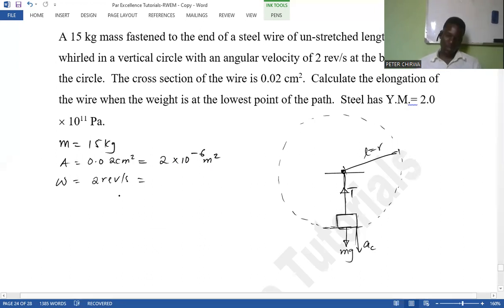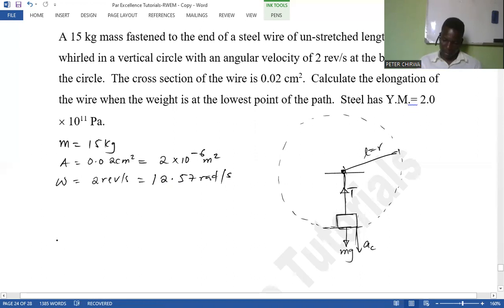So how do we convert? We know that 1 rev is equivalent to 2 pi rad. So we are going to multiply that one by 2 pi rad, which is just 12.57 rad per second. What else do we have in this question?